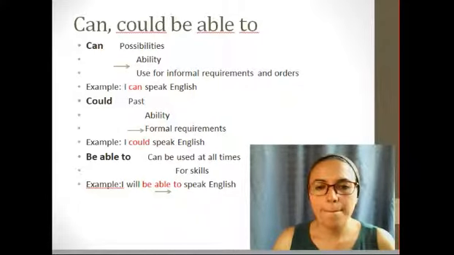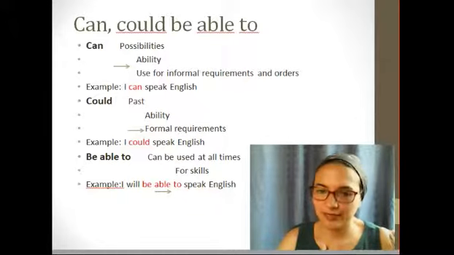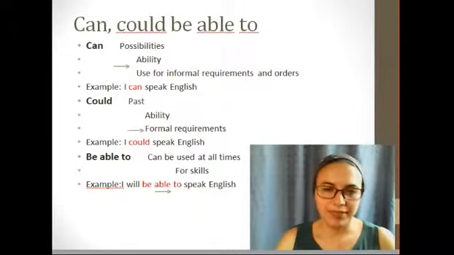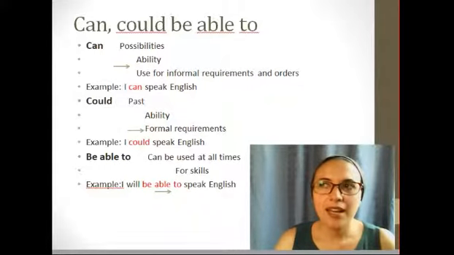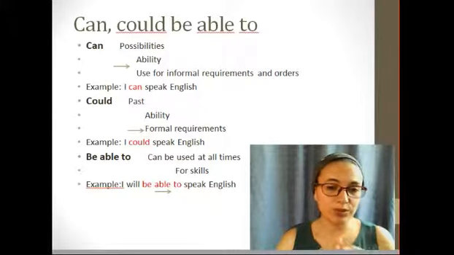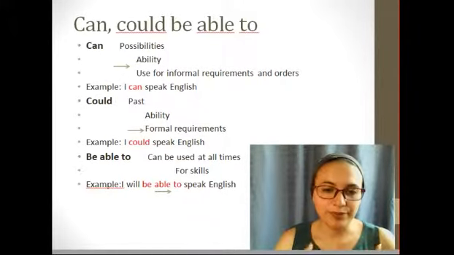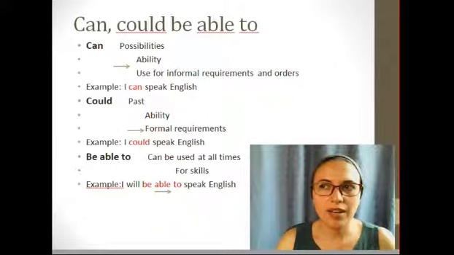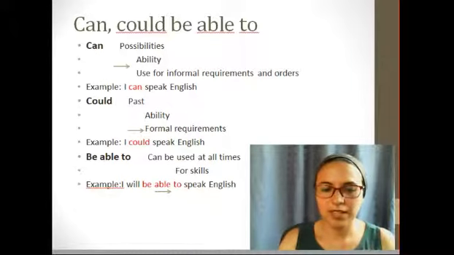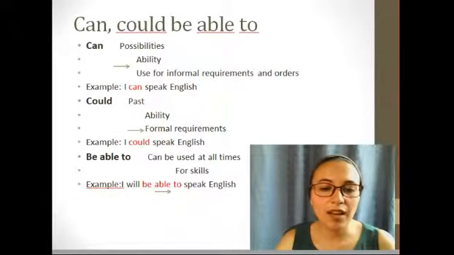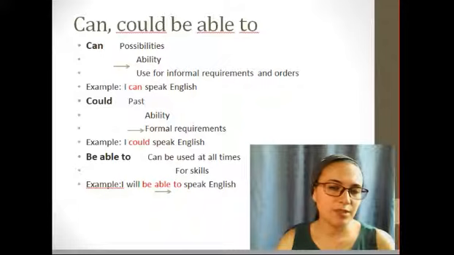Could is used for past ability and formal requirements. An example, I could speak English. Be able to can be used at all times for skills, in order to talk about skills. Example, I will be able to speak English.